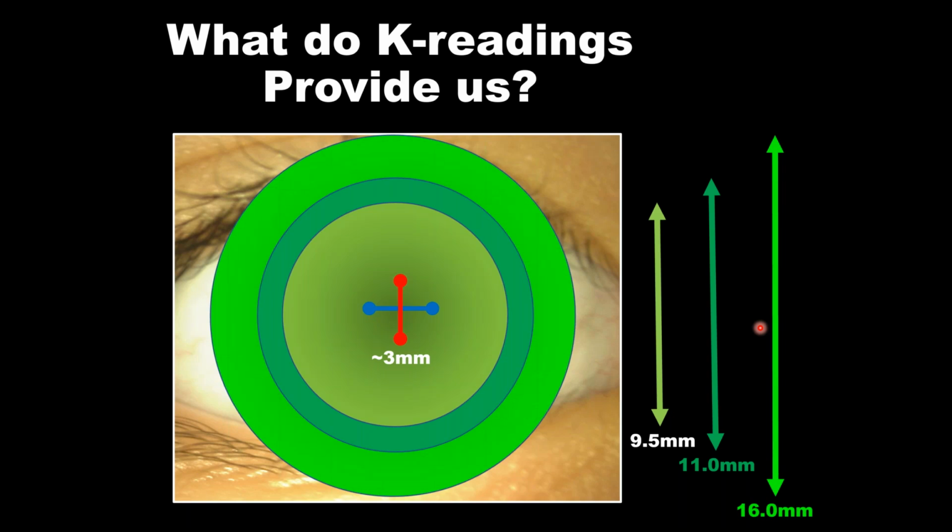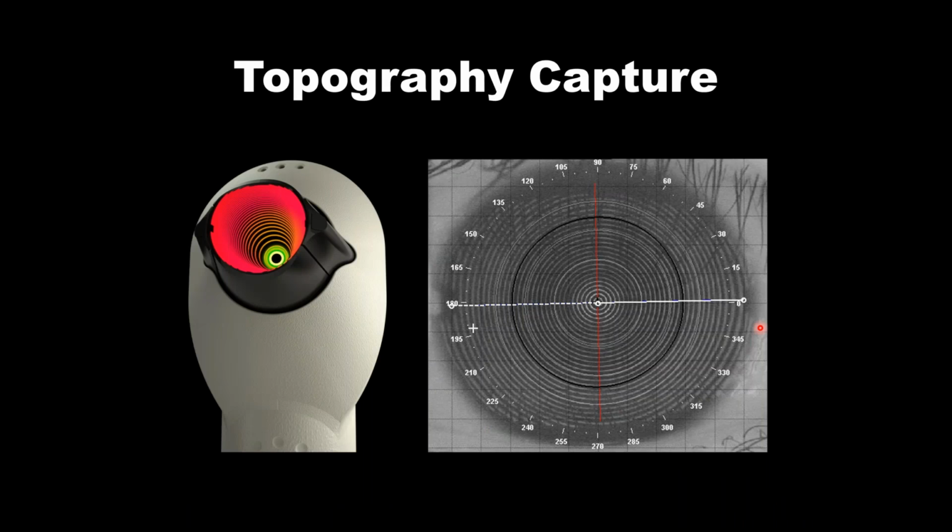And then of course for a scleral lens, it's extremely limited. K readings are almost useless in the building of a scleral lens. So topography capture is an important tool that requires us to understand the eye in microns of accuracy.